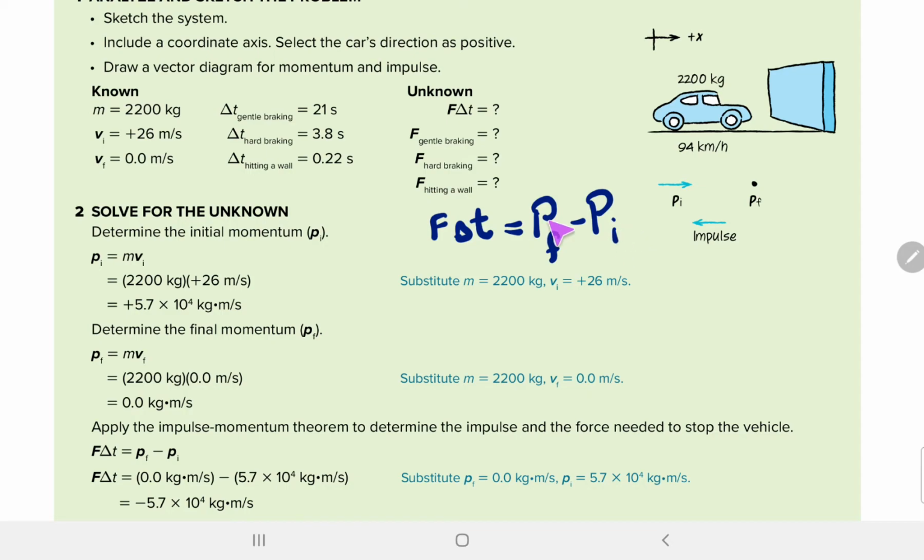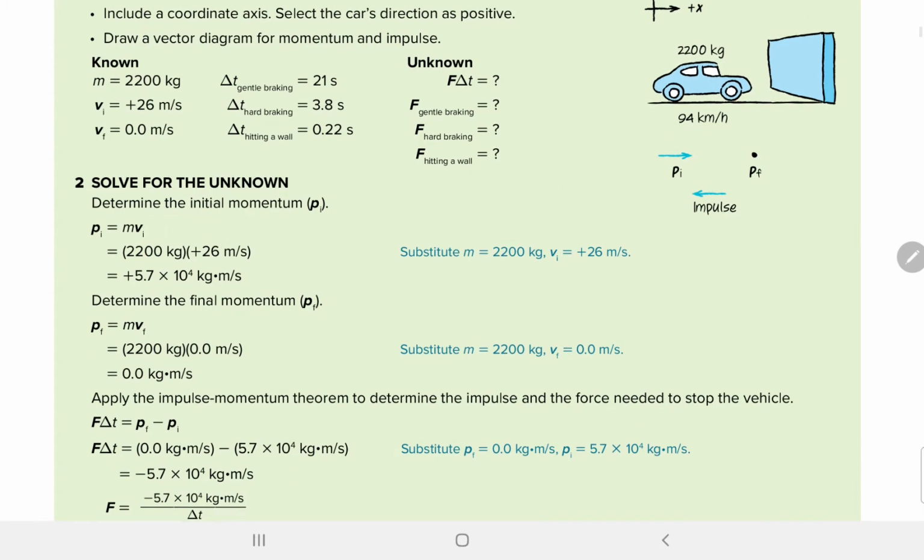But here we don't have p final and p initial, so in the beginning we should find p initial and p final, and after that we can find the impulse.